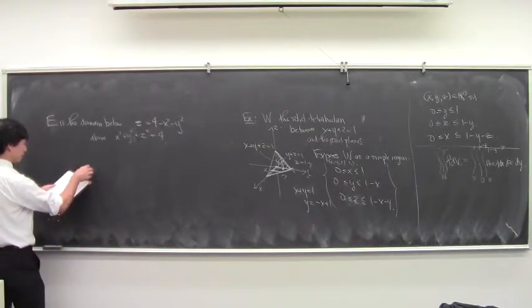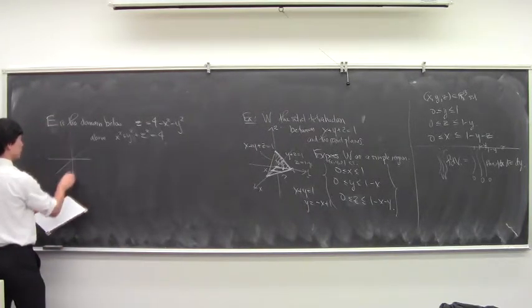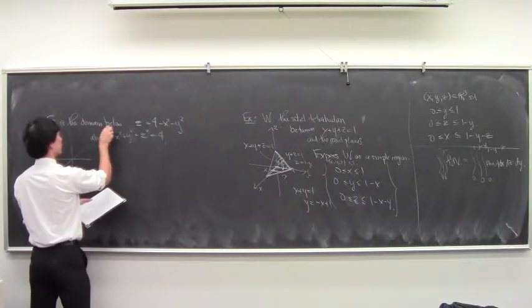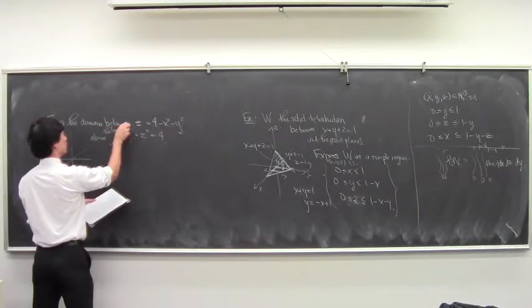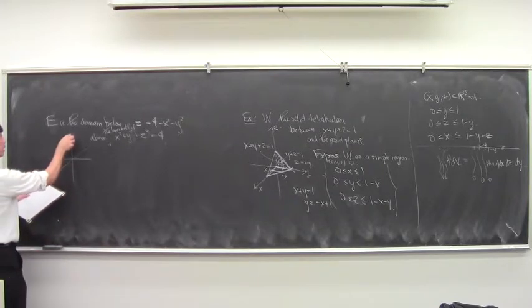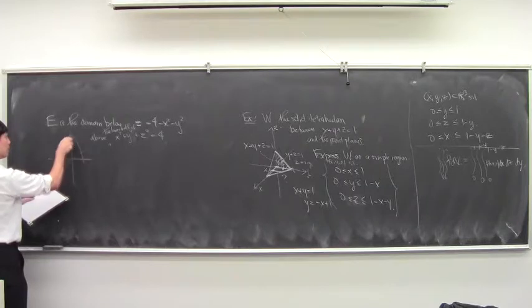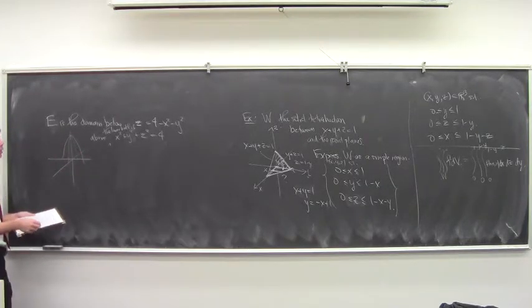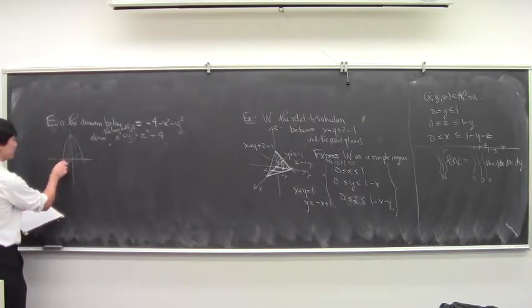So, sorry, let me give you the picture. Above the lower half. Right. So the upper guy you see is a circular parabola going downwards, and the lower guy is a sphere.